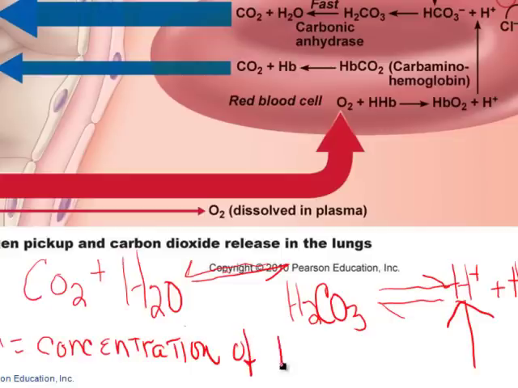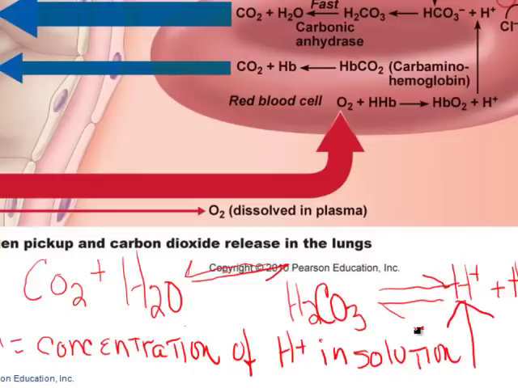Concentration of hydrogen ions in a solution. A low pH is a high concentration of hydrogen ions. A high pH is a low concentration of hydrogen ions.